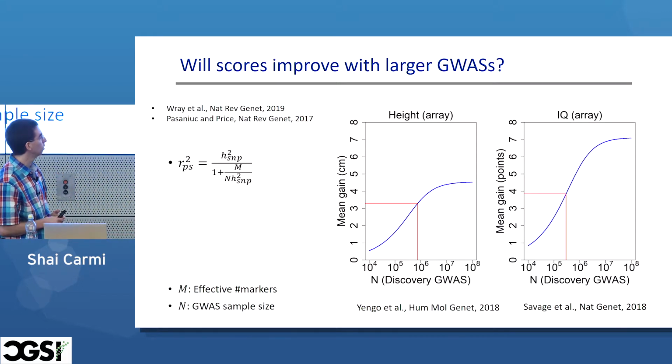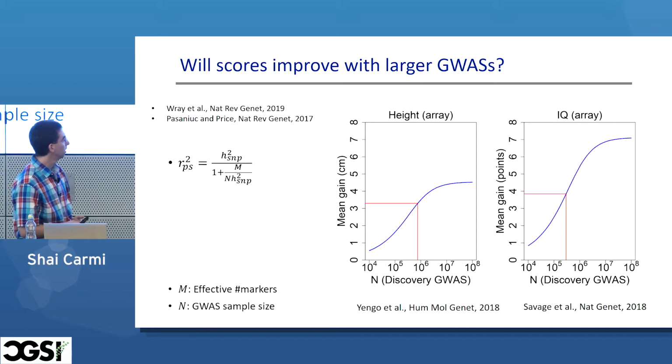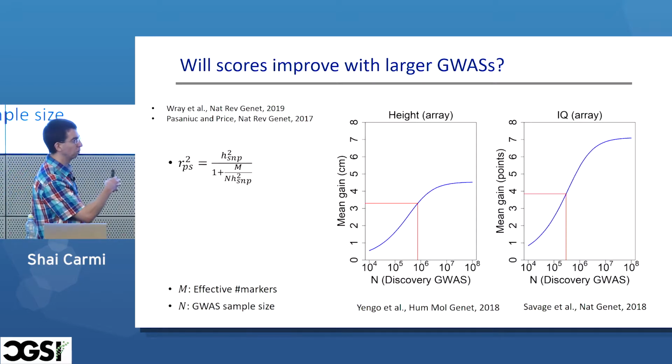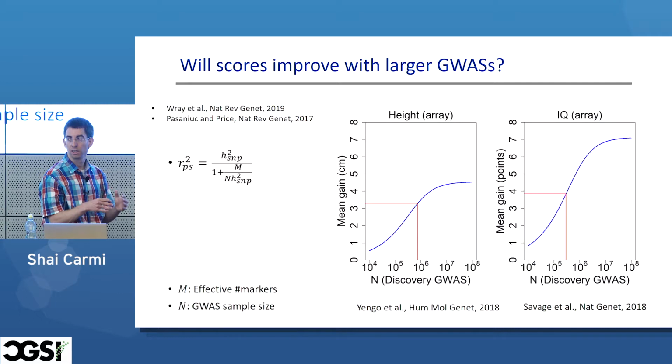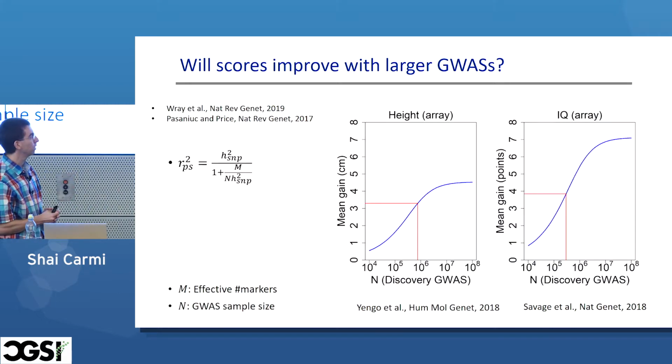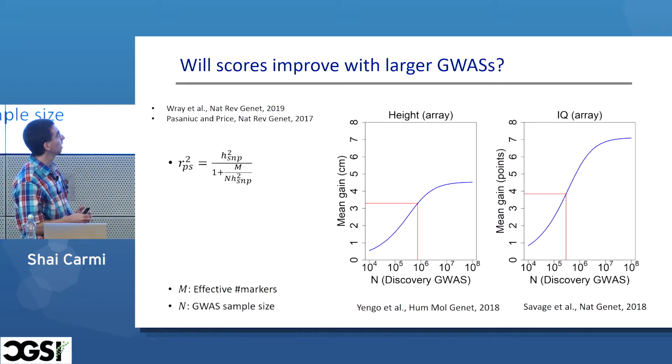So we can use it to predict what will happen when GWAS sample sizes grow to reach 10 million or 100 million people. It always has this S shape, so there are diminishing returns for very high sample sizes, at least as long as we are using the same chip, which limits the variance that we can explain.